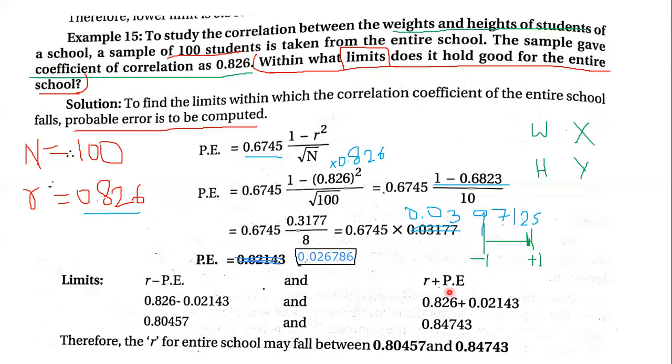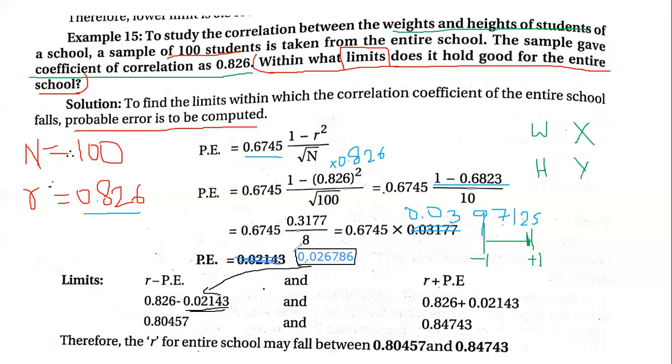In the previous problem, first they took plus and then minus. Now here it is minus and plus. It means the same. At the end of the day, you have to find one value by subtracting the probable error from r, and another value by adding the probable error to r. The value of r is 0.826, that is known, minus whatever value of probable error you got here. Please take that value, the corrected one. Don't take the earlier one, there's a slight mistake in those values.